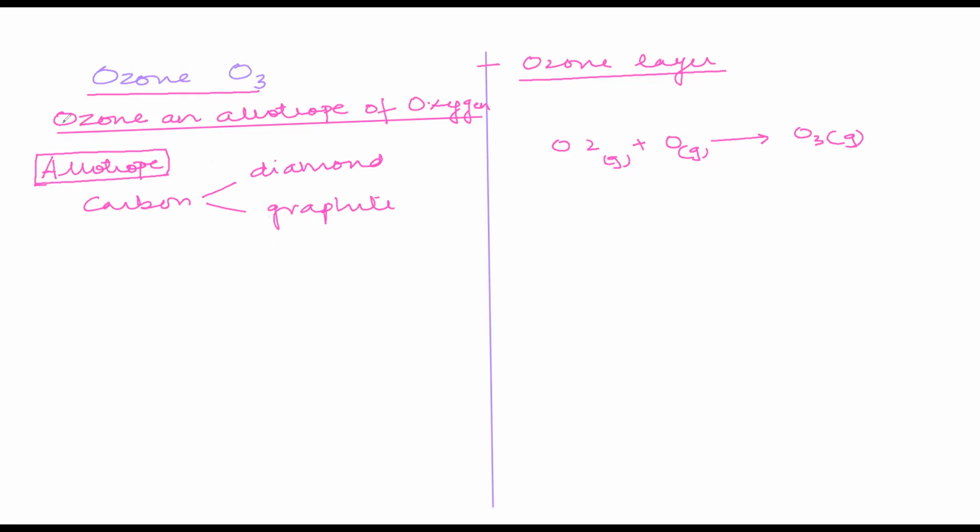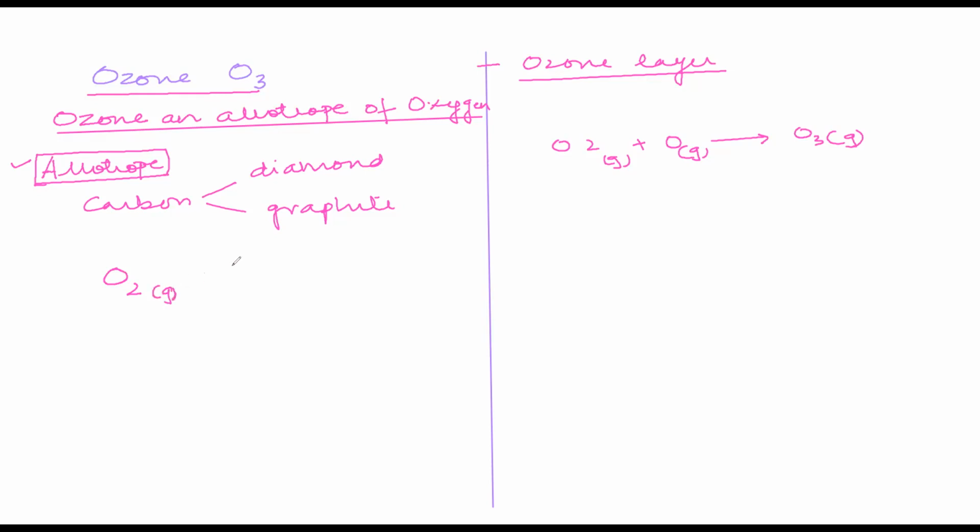So let's see what the term allotrope actually means. Allotropes are basically the different structural forms of the same element remaining in the same state. For example, oxygen can exist as O2, where two oxygen atoms are bonded together in the gaseous state.